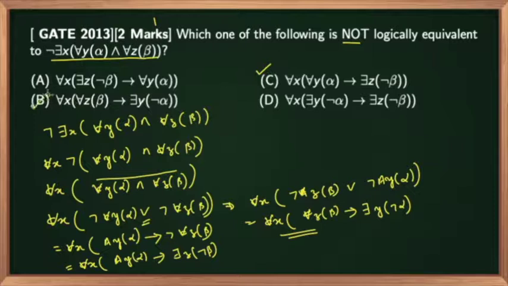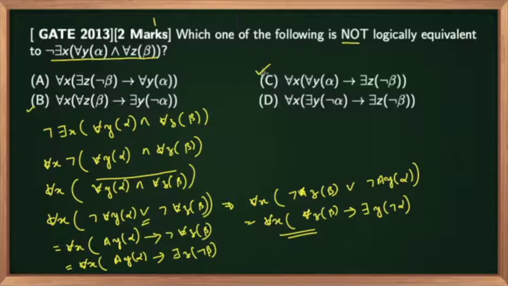So that means choice B is also true. So both B and C were correct, but you cannot convert this expression to A or D, so both are not equivalent. Here marks are given to all in the exam. So the answer is actually both A and B.